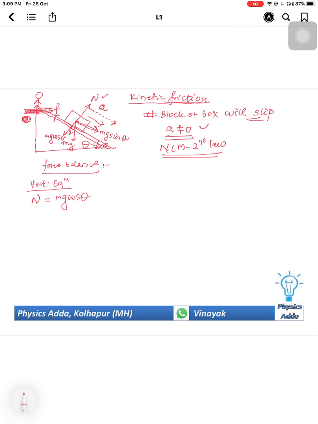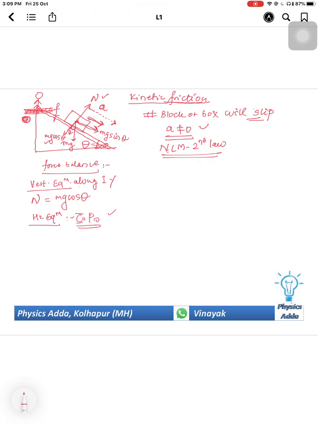And for horizontal equilibrium, since there is no motion in the vertical direction, rather there is motion in the horizontal direction. This vertical equilibrium is perpendicular to the inclined plane, and this horizontal equilibrium is along the inclined plane.